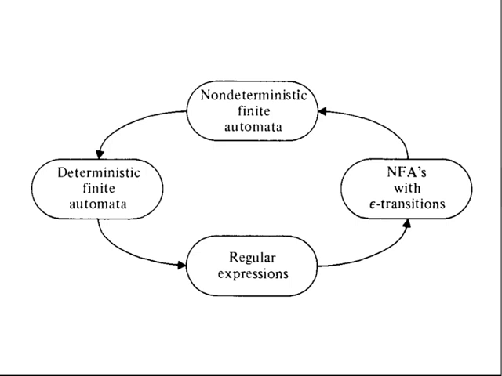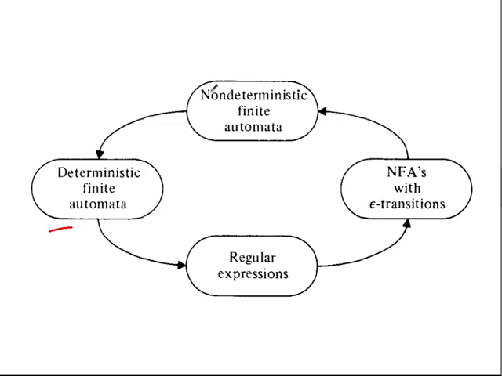So what did we do then? We first defined deterministic finite automata, and then we defined a generalization of deterministic finite automata, which is non-deterministic finite automata without epsilon transition.